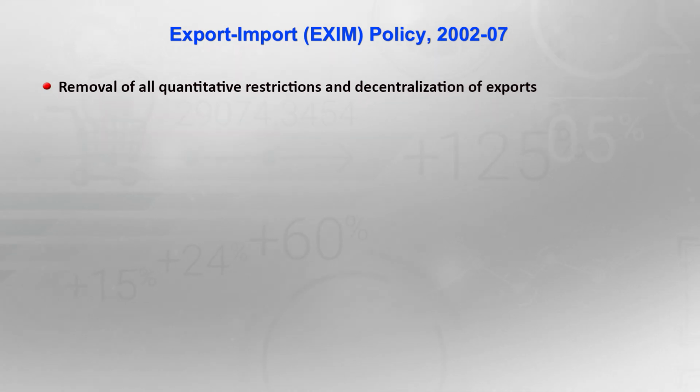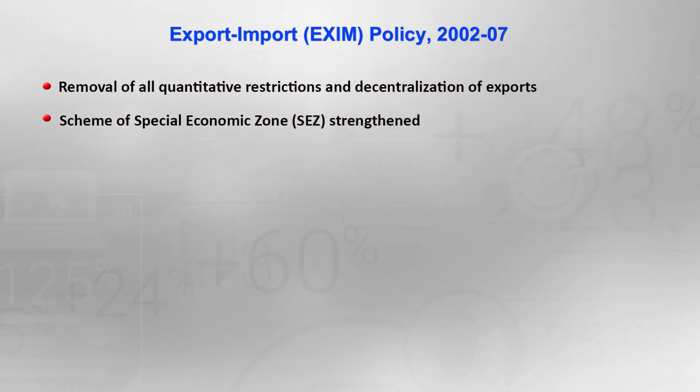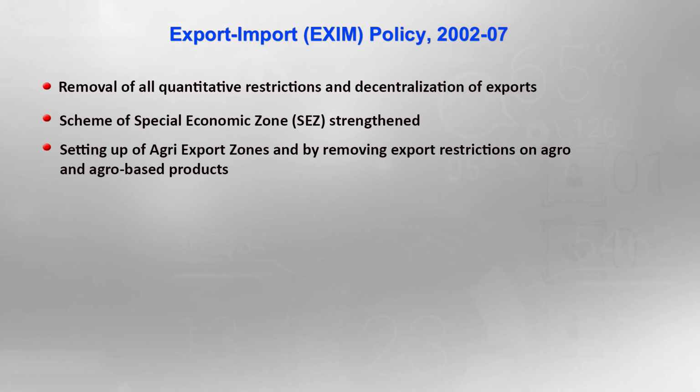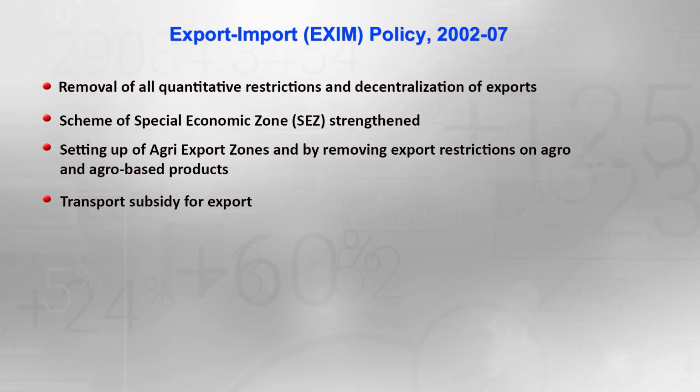It was a completely decentralized process, and to promote exports from the country, a scheme of special economic zones was started and strengthened. For the agriculture sector, setting up agri export zones was started by removing export restrictions on agro and agro-based products. And to promote exports from the agriculture sector, a transport subsidy was started.